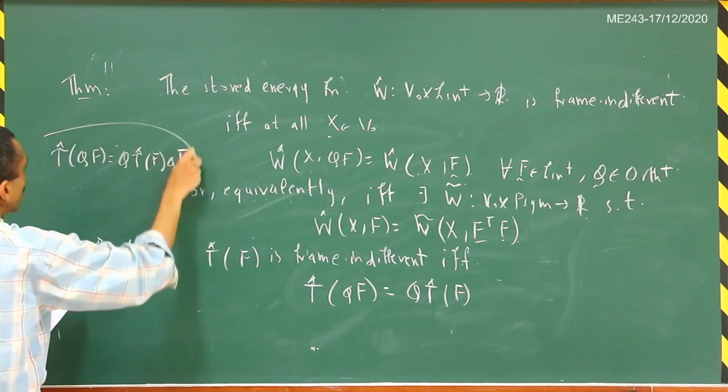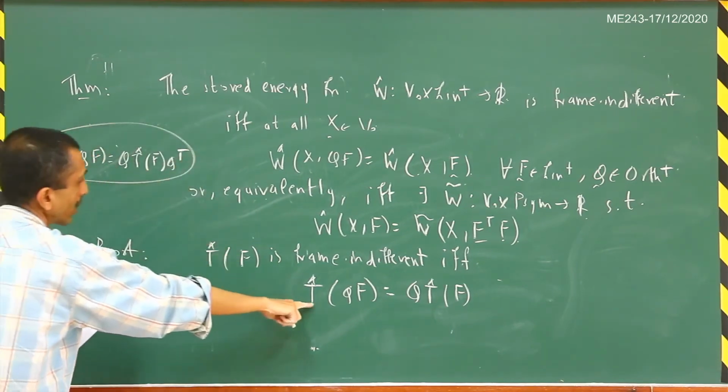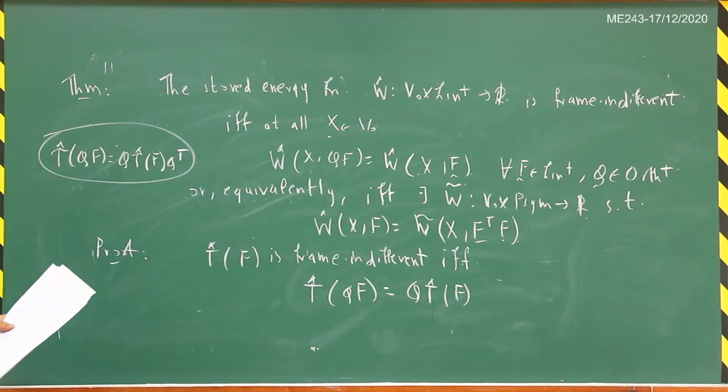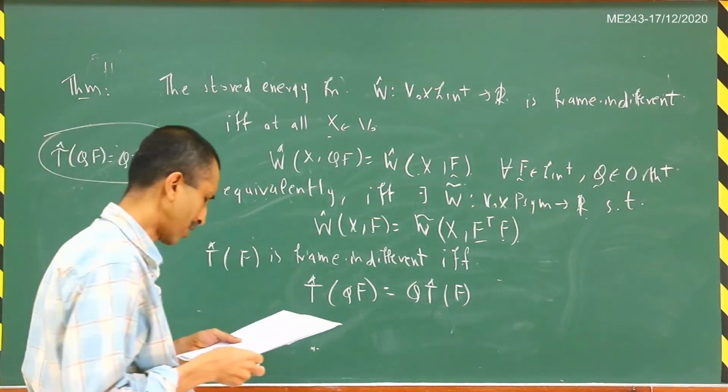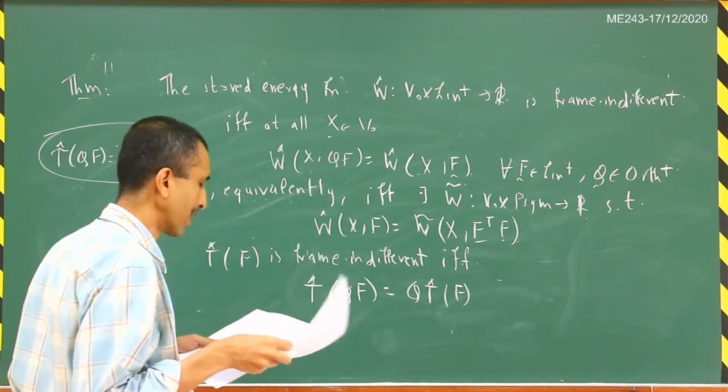So this is the original condition on the Cauchy stress. Then from this we can derive the condition on the first Piola-Kirchhoff stress. Okay, so T hat of F is frame indifferent if and only if it satisfies this particular condition here.